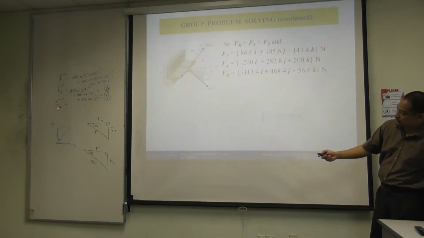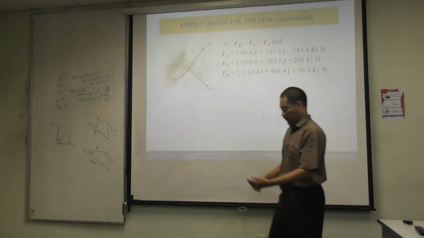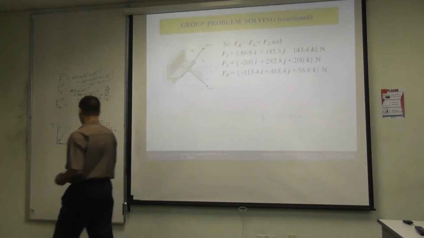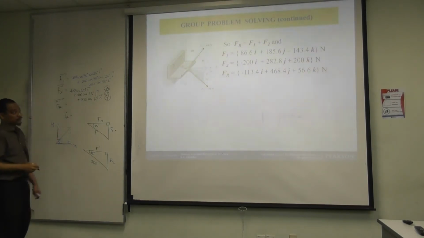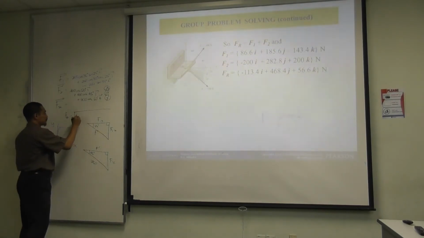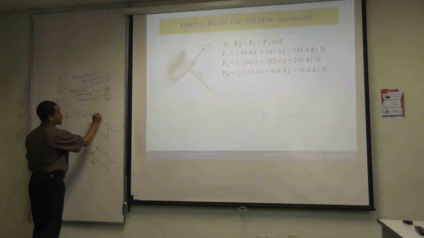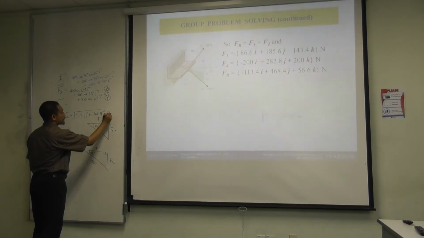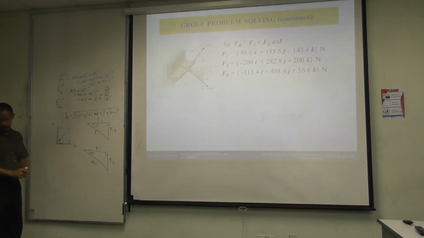From here, how do you get the magnitude? How do you get the magnitude of FR from these values? You can get the answer, right?